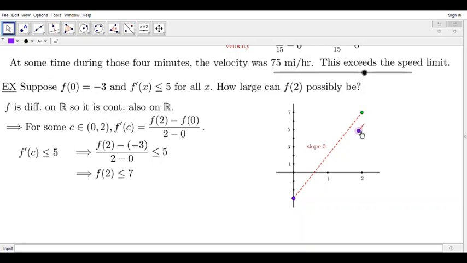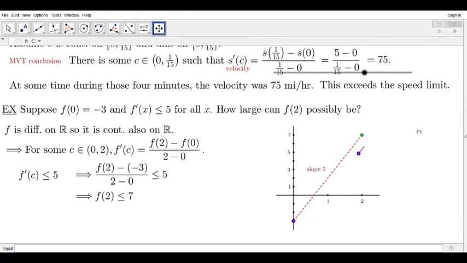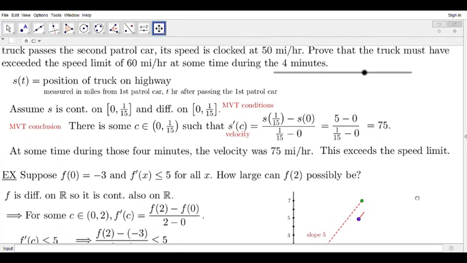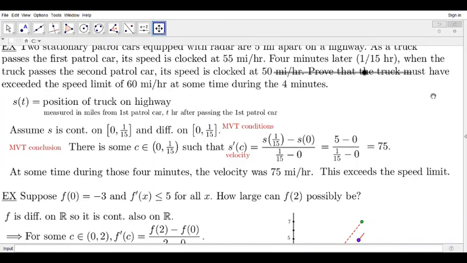Alright, so the reason why this ties up with the previous velocity problem, I'm sorry, I wish I pointed it out while I was talking about the velocity problem, is how are we so sure that the truck at some point exceeded the speed limit of 60 miles per hour? I suppose the idea is that this truck was able to cover such a large distance in such a small amount of time.